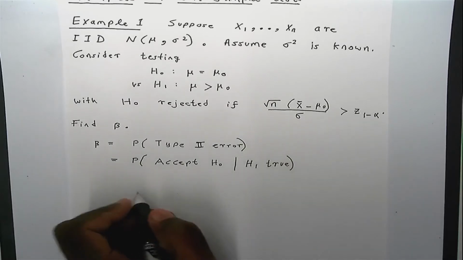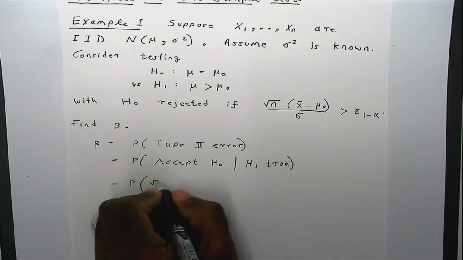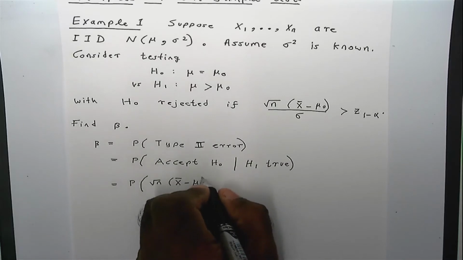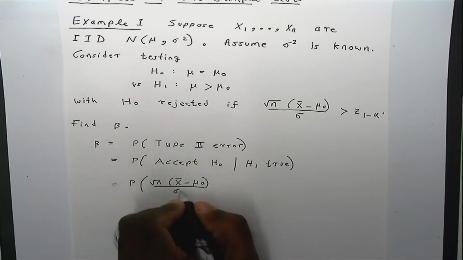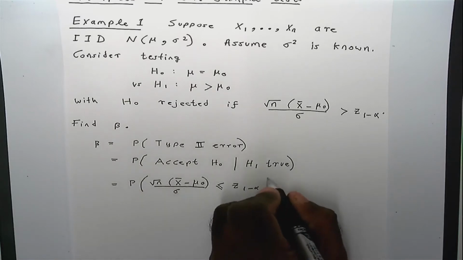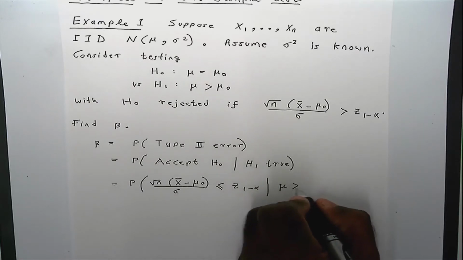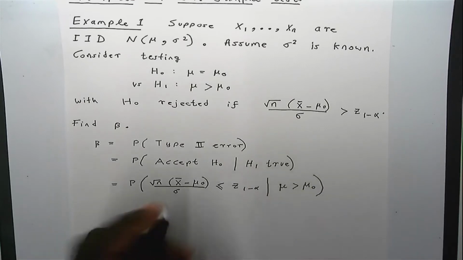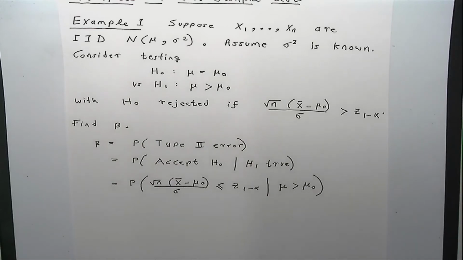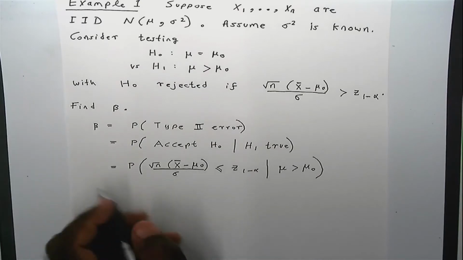So we will accept the null hypothesis if the statistic is below that percentile, and H1 is true if mu is greater than mu 0. If you look over here, this is H1, when mu is greater than mu 0. So the question is how to calculate this probability. Now I will show you how.